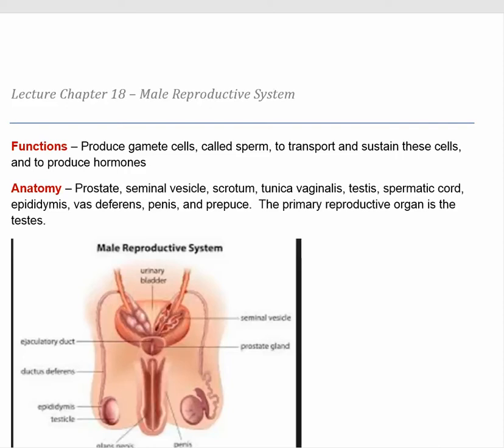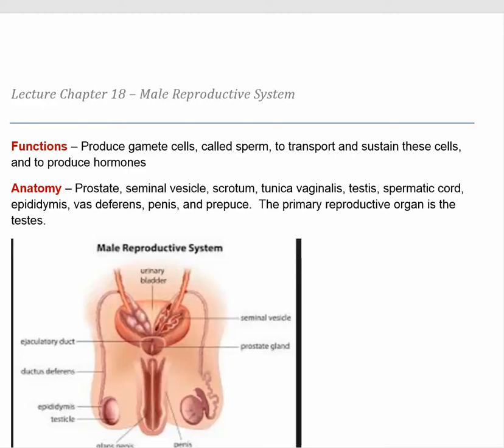So if we look at the male reproductive system, again, as an anatomy review, you should understand the functionality of this particular system and also the anatomy of this particular system. There's a picture here on this document.